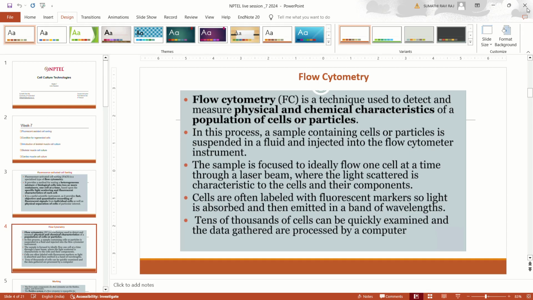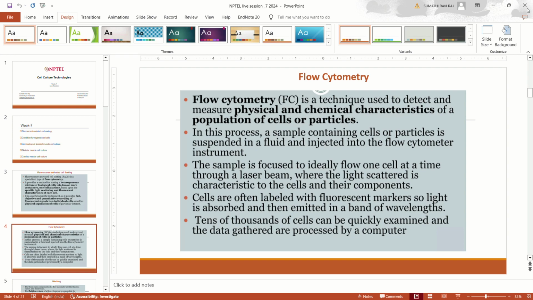When you do flow cytometry, you can do it for cells, and you can as well do it for different particles also, if you know some specific antigenic or identifying markers. So you can use it for different molecules and particles, proteins, etc., or some organelles also, like mitochondria or lysosomes, you can use flow cytometry.